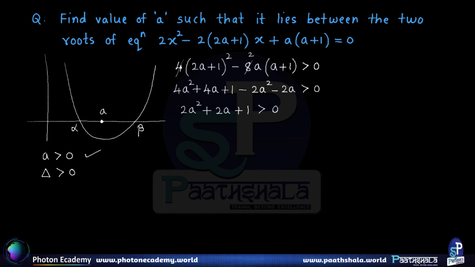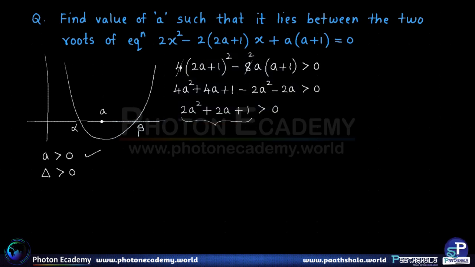Now here if we see this particular quadratic in a, it will obviously always be greater than 0, because the delta of this particular quadratic expression is 2 square, which is 4, minus 4 into 2, so that turns out to be minus 4, which is negative.